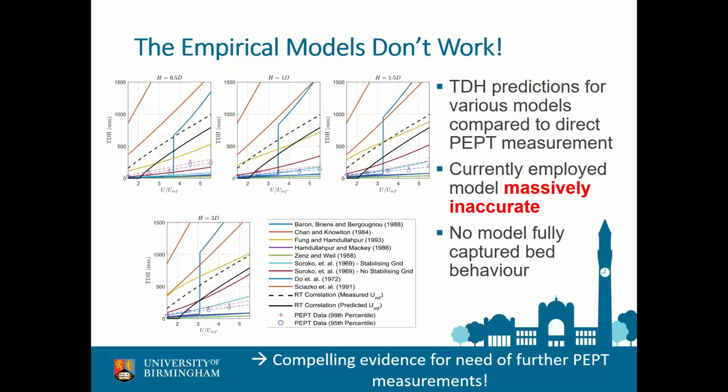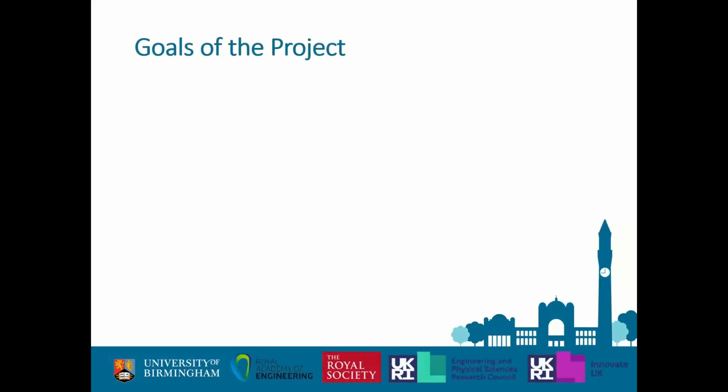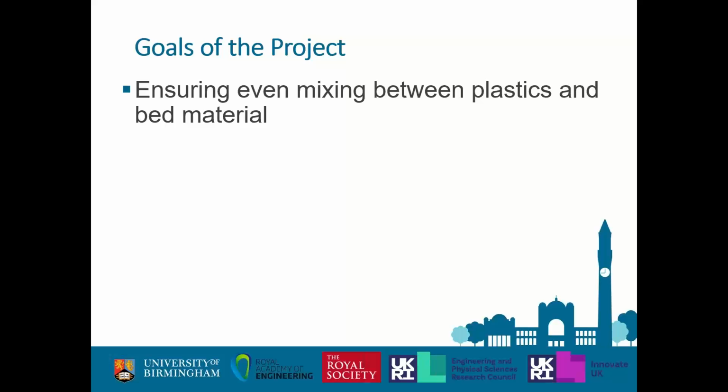So obviously this is telling us very clearly that the way we are designing these fluidized bed systems at the moment is not working, and we need something like PEPT to visualize the interior dynamics in more detail, so that we can finally understand what's actually going on, not just what these apparently flawed equations are telling us is going on.